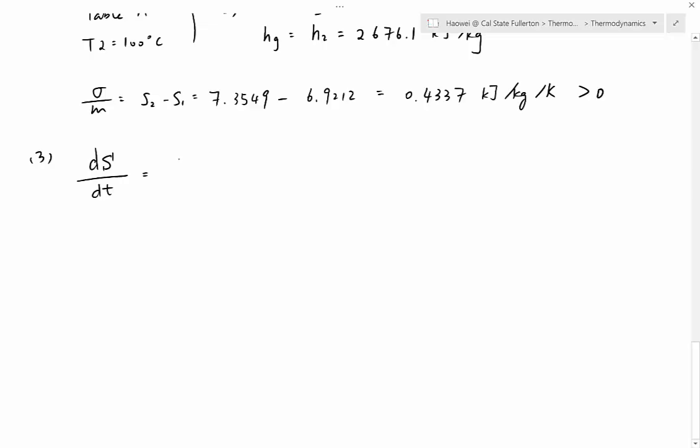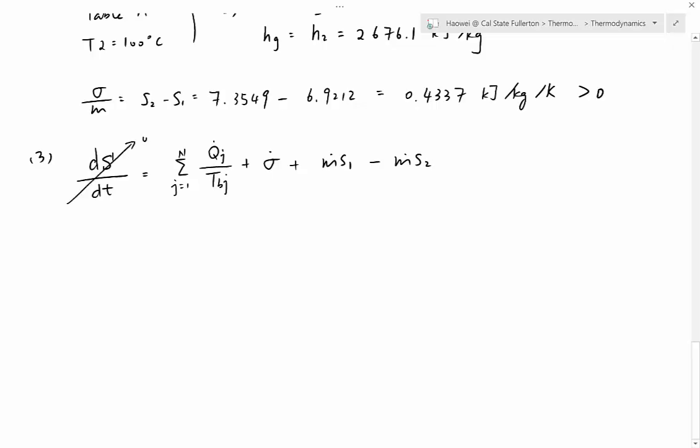Right hand side first term is heat transfer, sigma j from 1 to n, Q dot j over Tbj, plus sigma dot, and plus, we only have one inlet, so m dot s1. And the same reason why we do not add a subscript to mass flow rate, because it is steady state, doesn't change. Minus m dot s2.